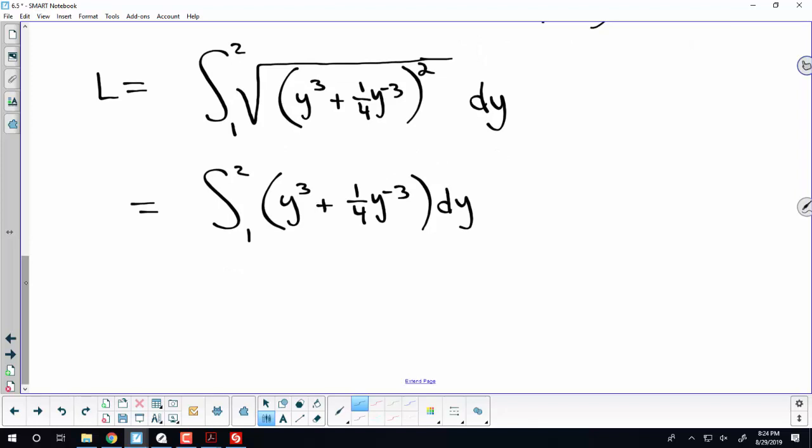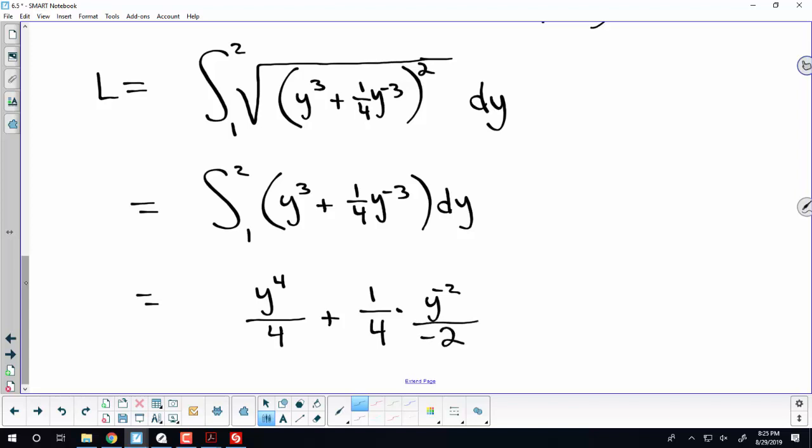So we can work that out pretty straightforward now, just integrating powers of y. Let's take a look. This is going to be y to the 4th over 4 plus our 1/4 times the antiderivative of y to the negative 3, which would give us what? Yeah, y to the negative 2 power divided by negative 2.